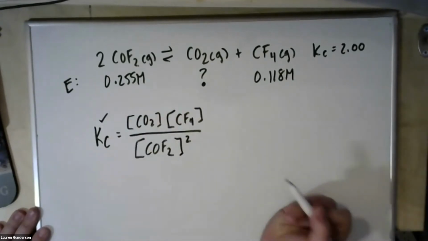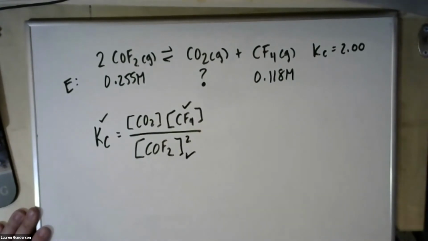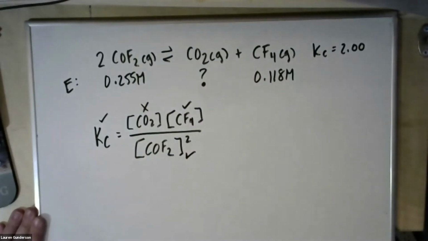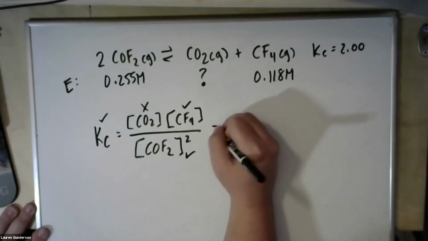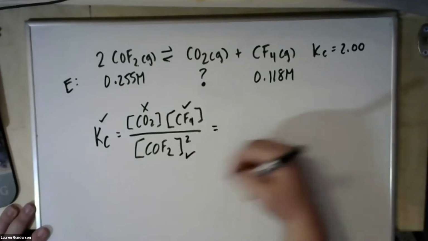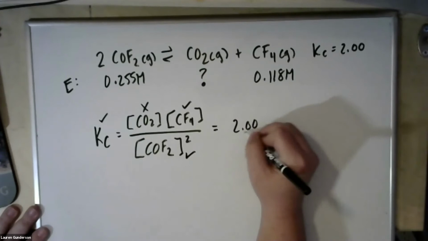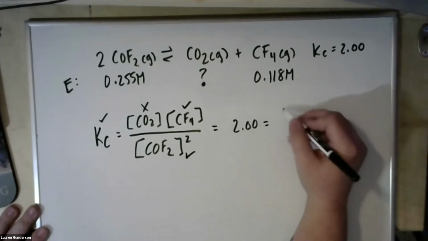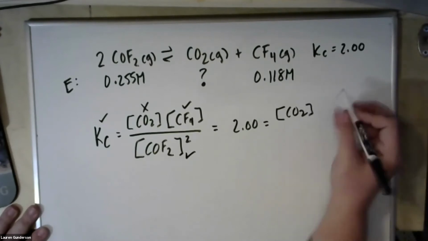We know Kc, we know CF4, we know COF2, and we're going to solve for X. Let's plug in these values. We'll just see that as CO2.